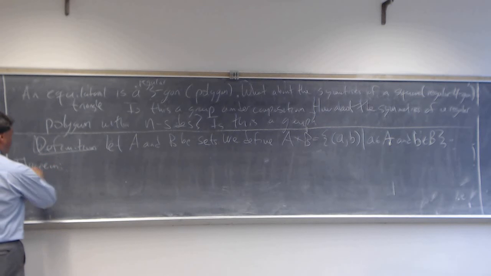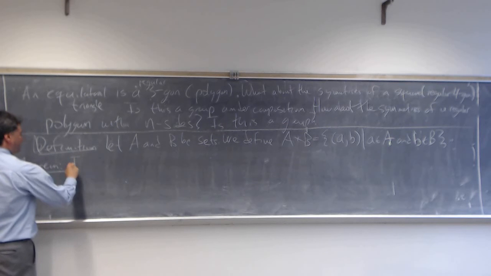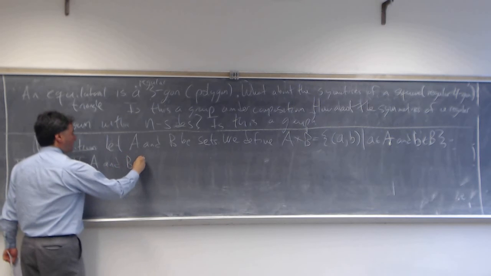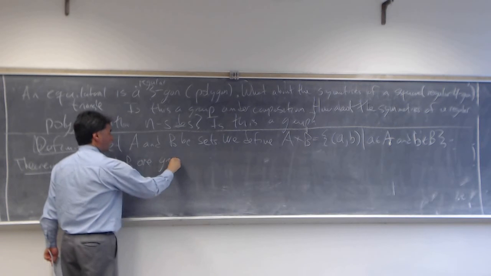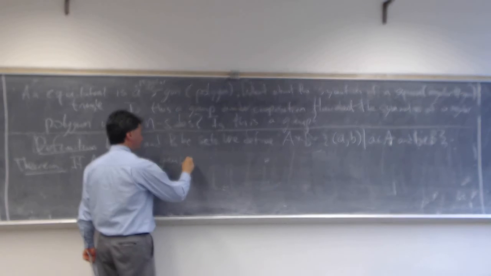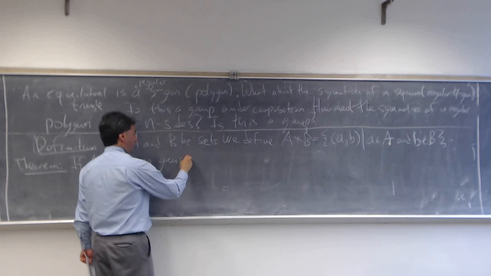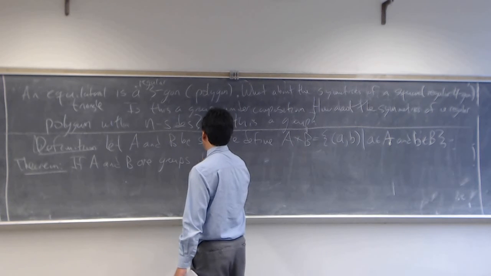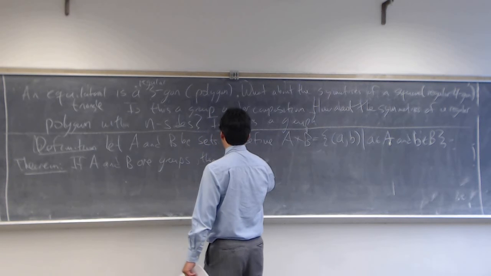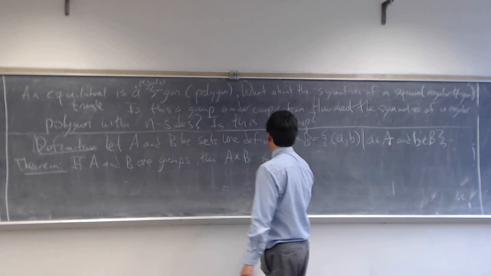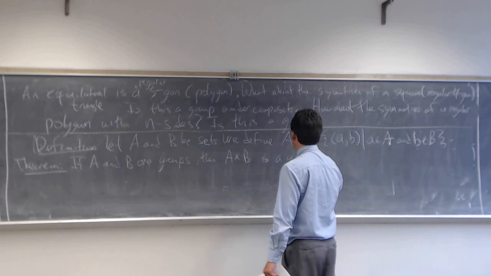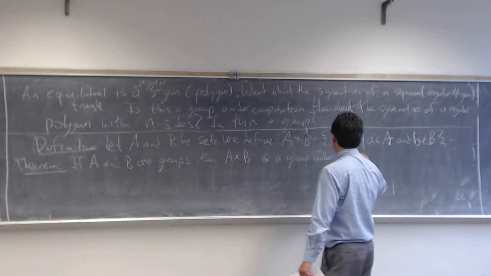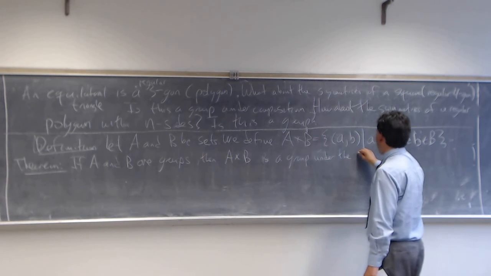Here, if A and B are groups, then A cross B is a group under the operation.